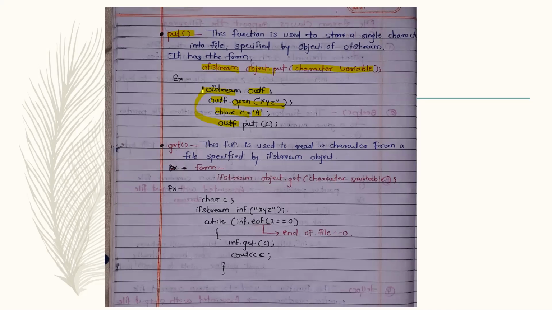Object of ofstream dot put c means character a is put into file xyz. So the put function is for inserting a character into a file.